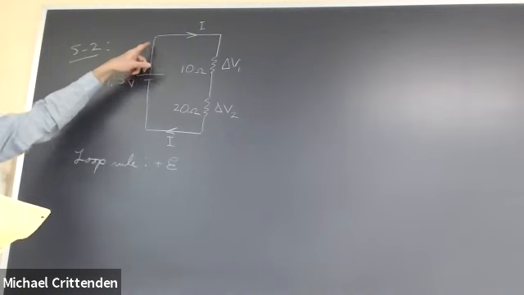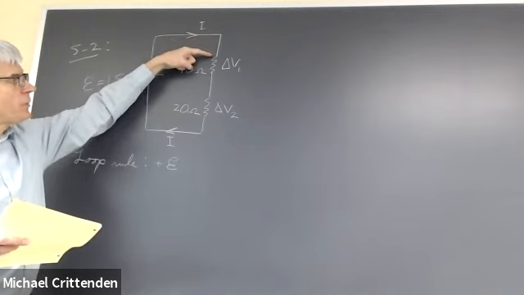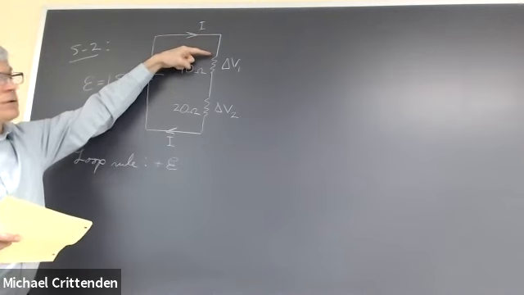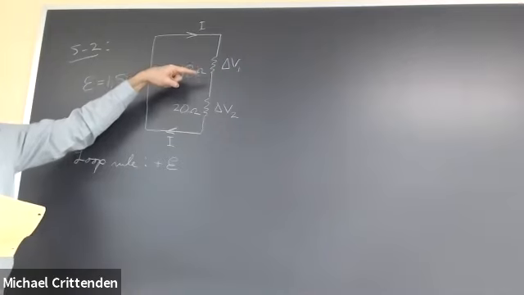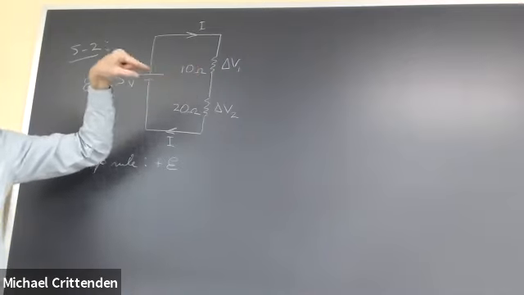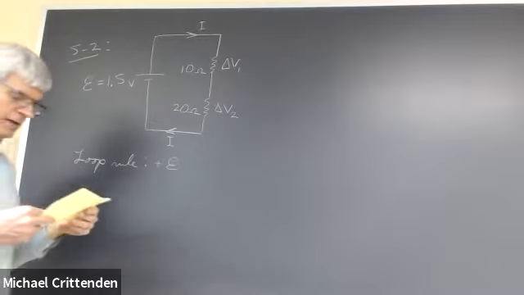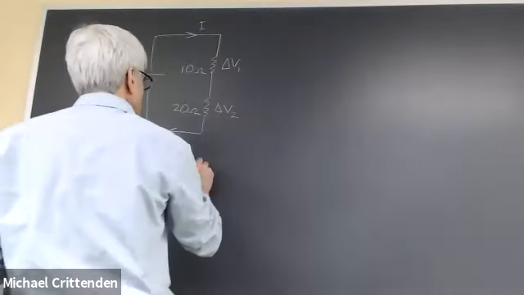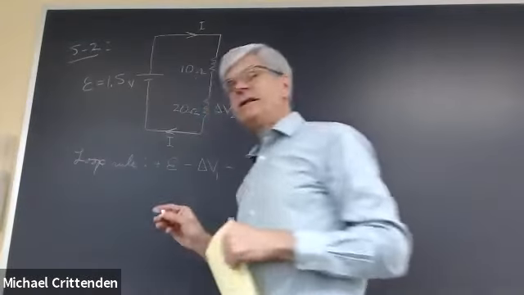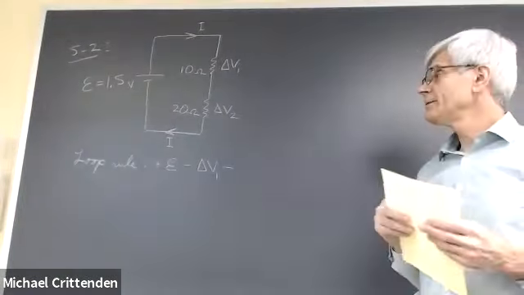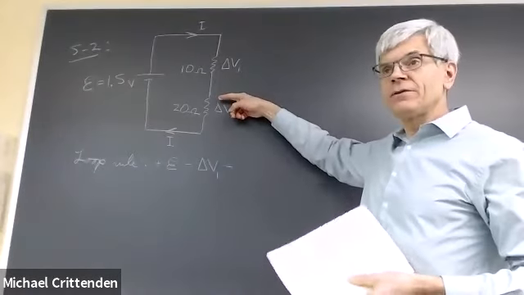You continue following the loop, and no change as you go along this wire until you get to the first resistor. The loop takes you from the upstream end to the downstream end. That would be a decrease in potential. Decreases get a minus sign. From there, the next thing you get to is the second resistor.